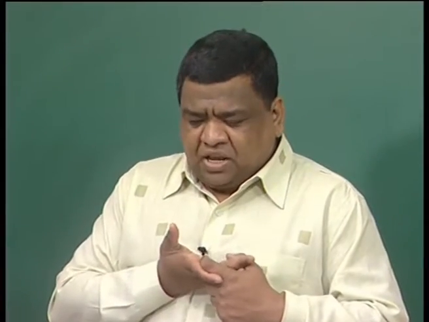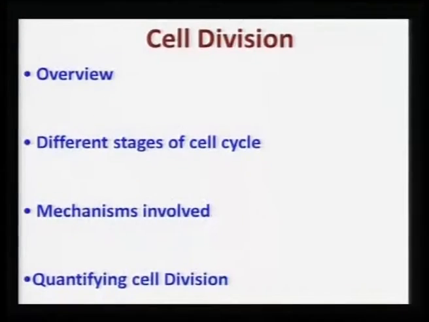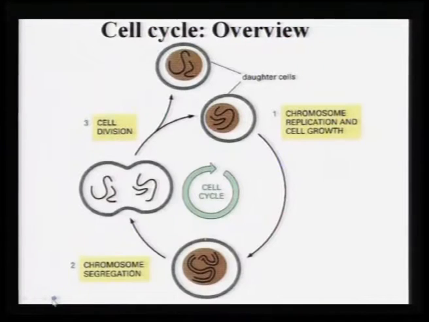It will be followed by differentiation, then cell death, that is necrosis and apoptosis. So, in cell division I will first give an overview of the cell cycle, then the description of the different stages of the cell cycle, the mechanisms involved, and again quantifying cell division, so that you have an idea of the numbers, like how this cell division is taking place.